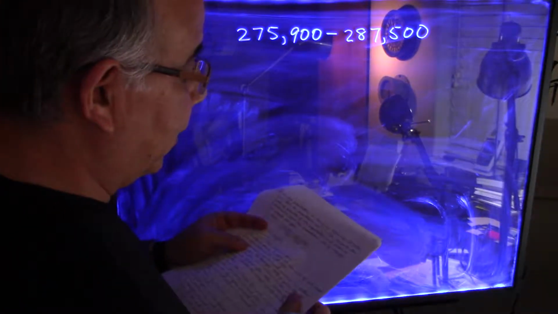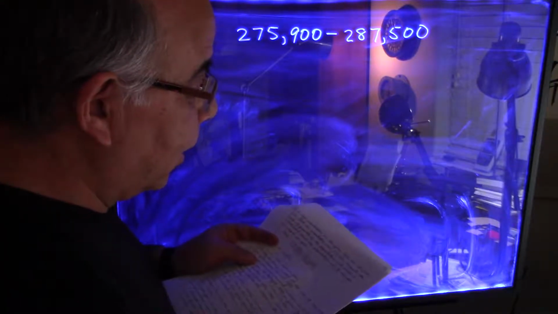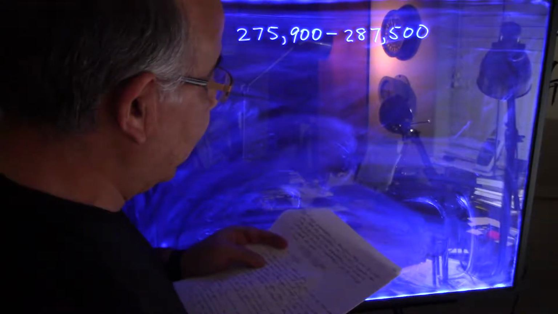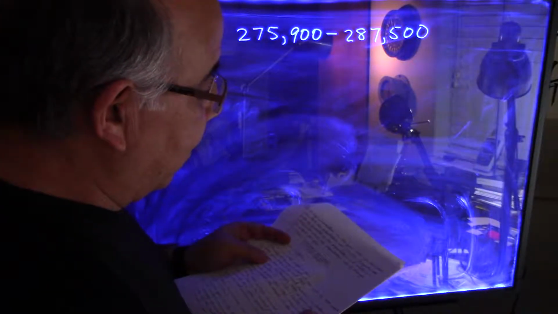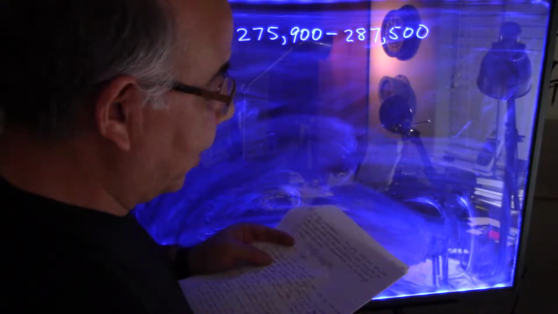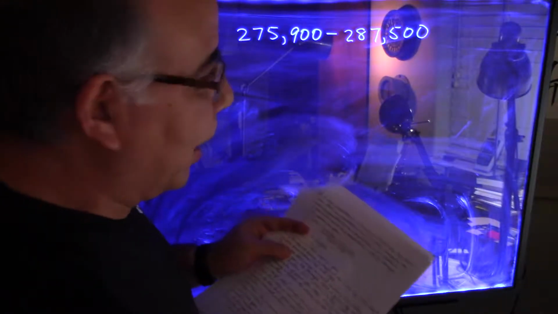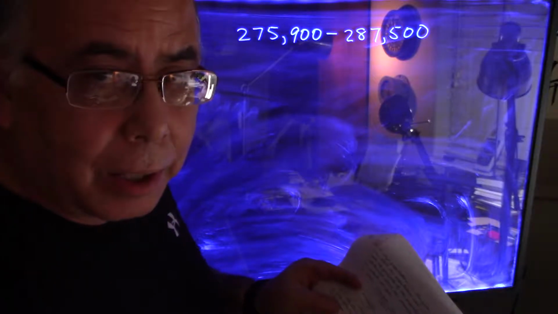If you look, in 1960 it was a little over 287,000, and in 1989, later, it went down to roughly 276,000. So we're expecting a negative result, a negative rate of growth.